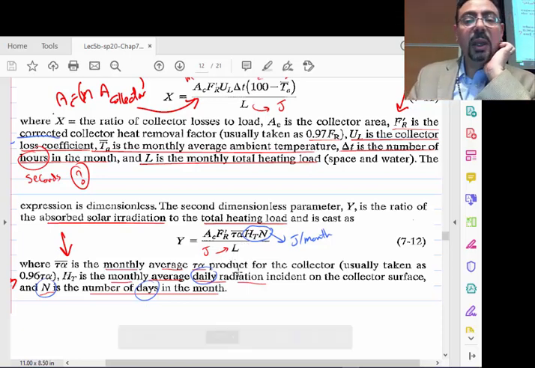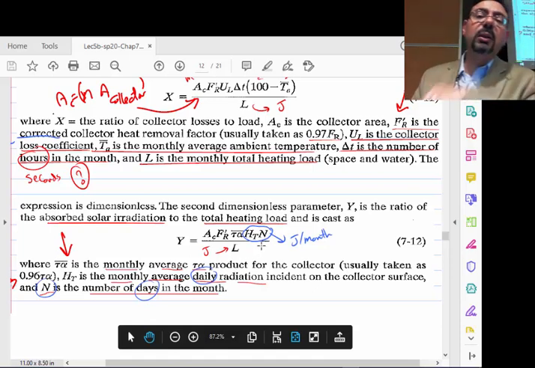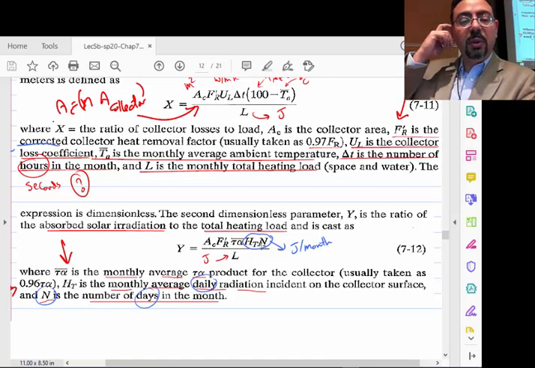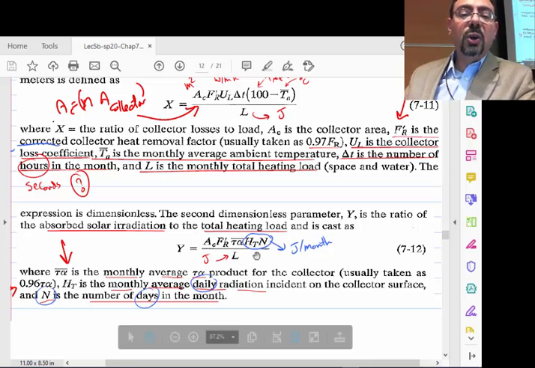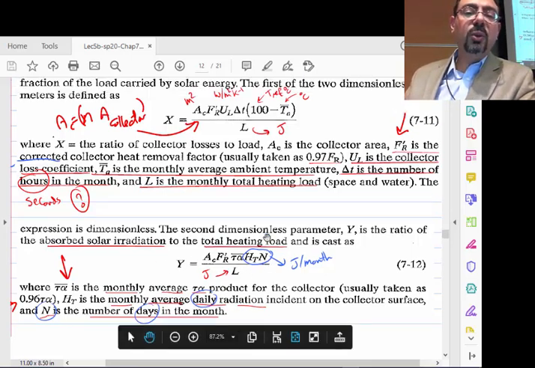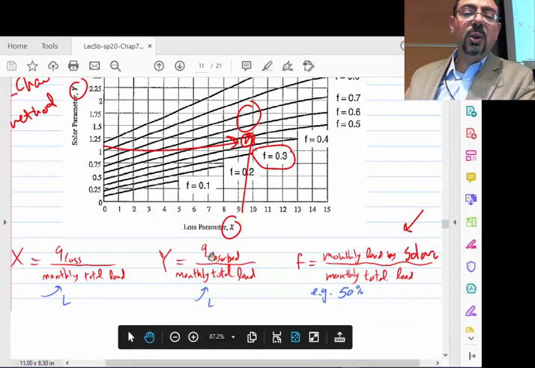Now the only thing that's missing, and the only reason why people screw up this problem in the exams, I guess, is this HT. What are we trying to do in this Y term? We are trying to find Q absorbed over the monthly total load.